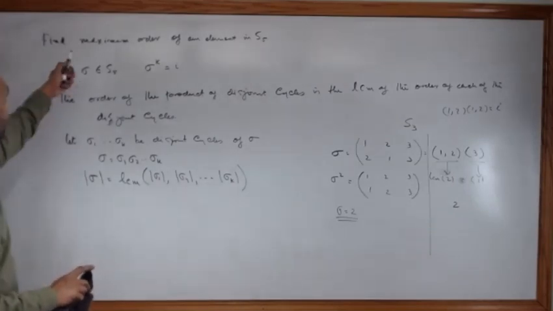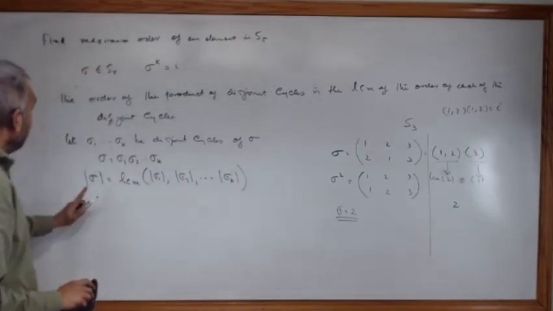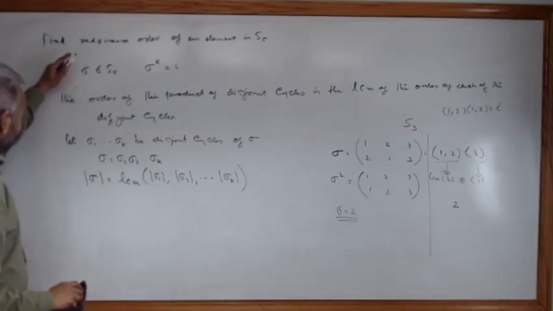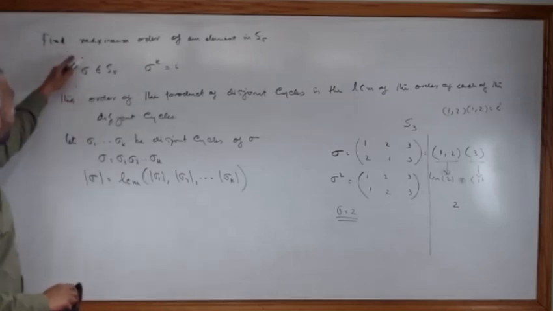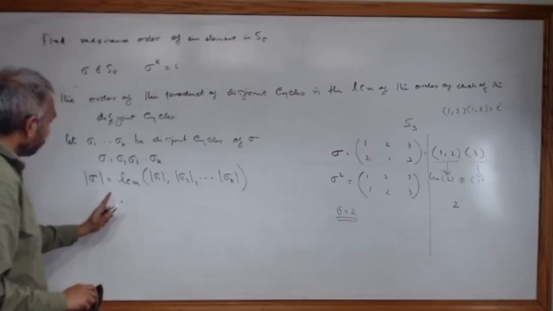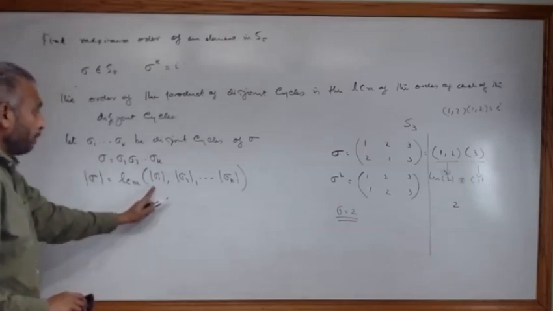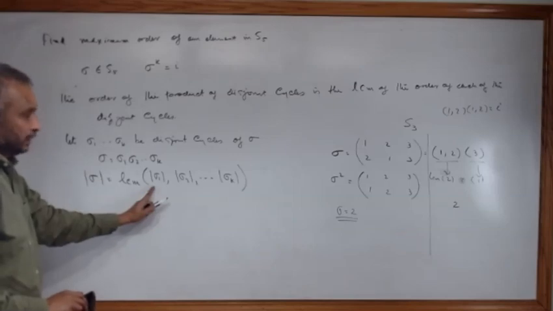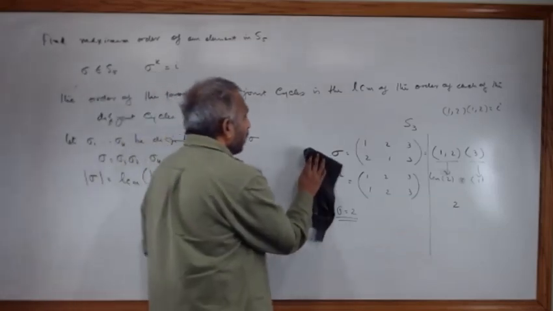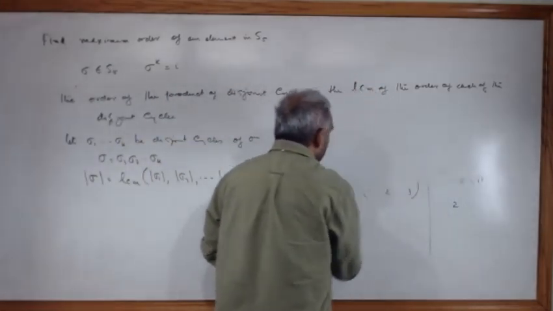Our aim is to find the maximum order. So we are reducing the complexity of finding the order of an element to the order of the cycles. Now what are the lengths of the cycles here?